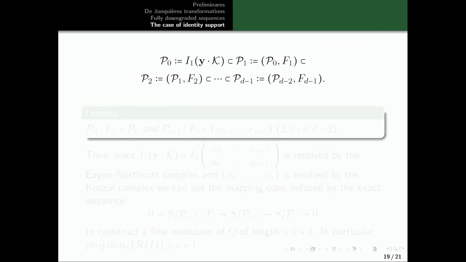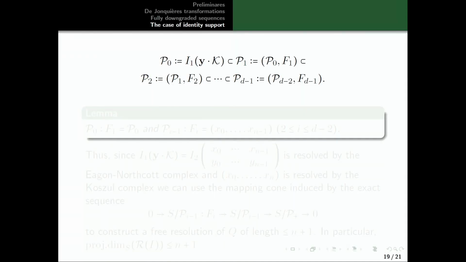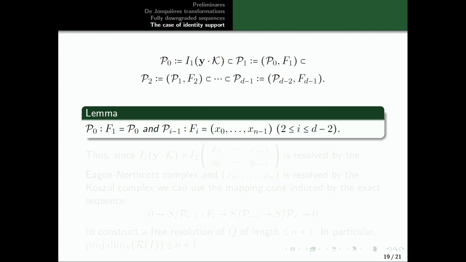And now we study the depth of the Rees algebra. For this, we consider this sequence of sub-ideals of the presentation ideal of the Rees algebra. A fundamental result is this lemma.